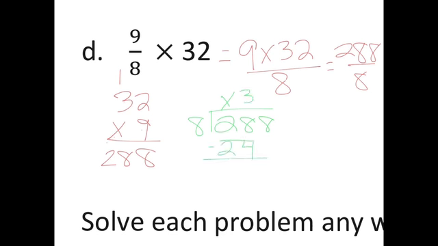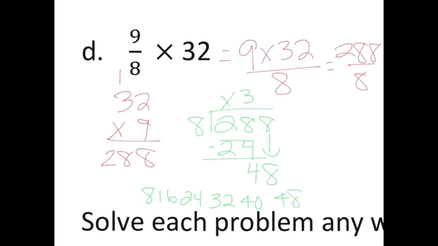So 8 times 3 is 24, and then I'm going to subtract. I'm going to get 8 minus 4 is 4, and bring down the 8. Now, how many times can 8 go into 48? If I count, I've got 8, 16, 24, 32, 40, 48.